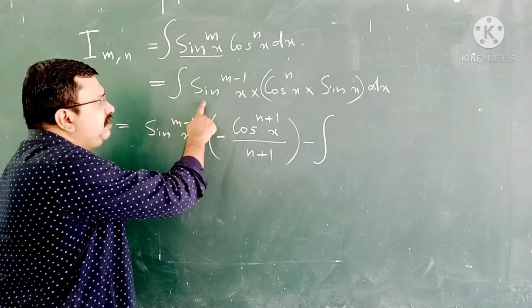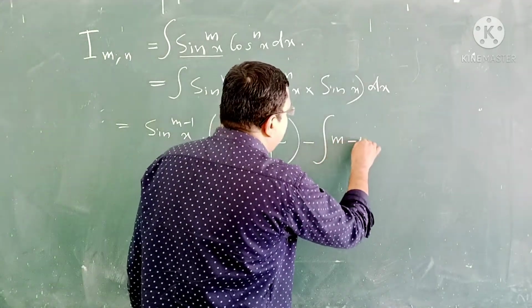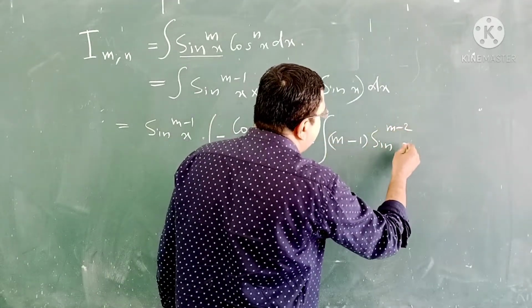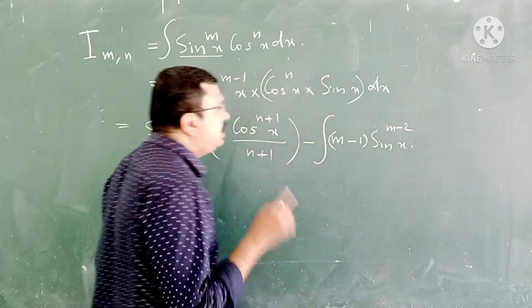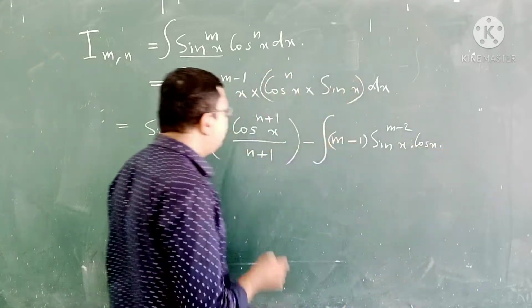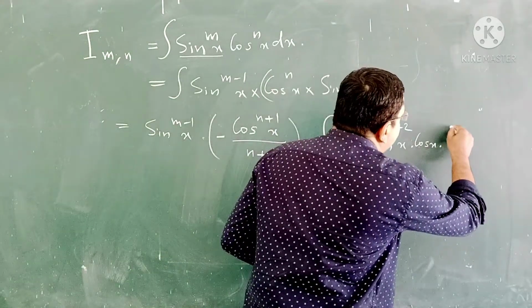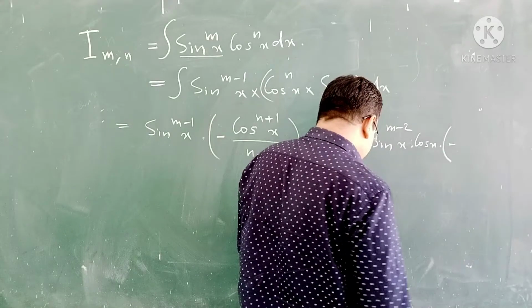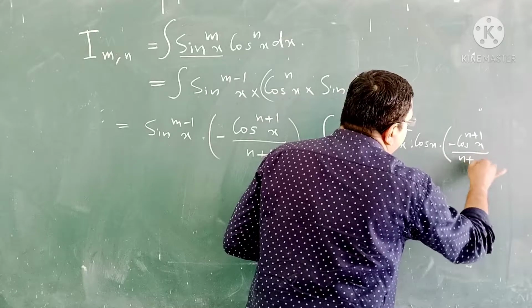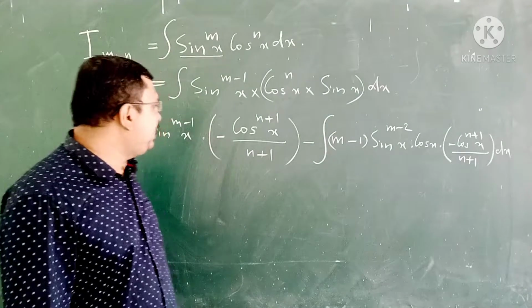We know that the derivative of sin^(m-1) x is (m-1) into sin^(m-2) x into the derivative of sin x, which is cos x, into the integral of the second function, minus cos^(n+1) x divided by n plus 1 dx.